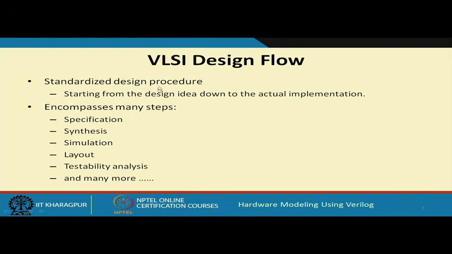This is the overall design procedure, and this typically encompasses many steps. Just a few of them are shown here. Starting from the specification, you go through some steps called synthesis, simulation, layout generation, testability analysis, and there are many more steps in between. Okay.